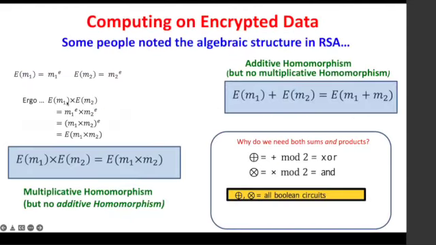So, computing on encrypted data. Some mathematical geniuses did note that the RSA algorithm actually does have an element of multiplicative homomorphism. What do I mean by that? Again, don't get bored by the maths on this slide.